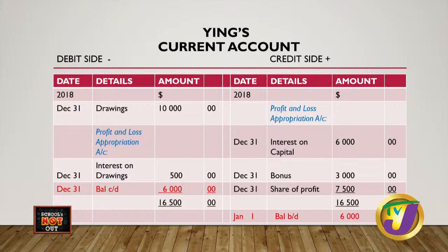So Ying closed his current account on December 31 with a total of $6,000 CD. Hence, he's going to open up the following day, January 1, with the same amount until further transactions take place. And of course, his BD, therefore, will be $6,000. So that's Ying's current account.